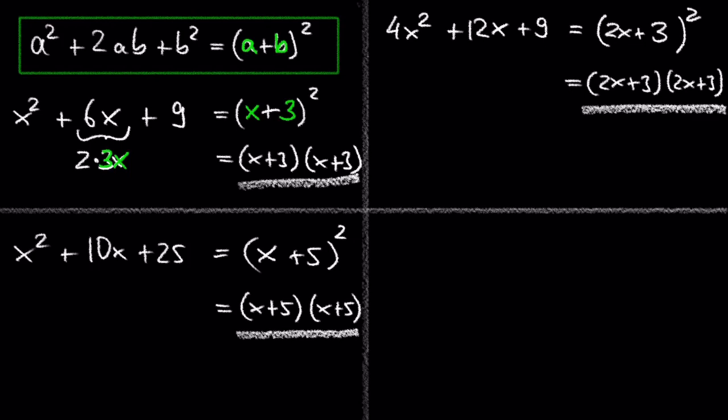What about this last example? 9x squared minus 24xy plus 16y squared. Now, in this trinomial, we have a negative sign in front of the middle term.